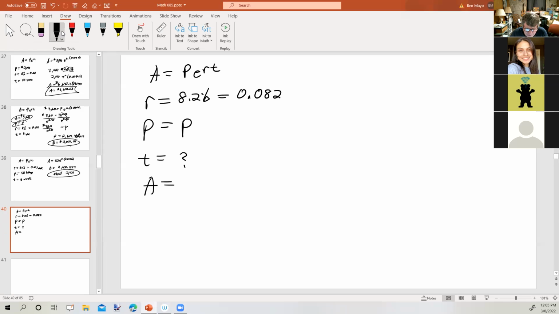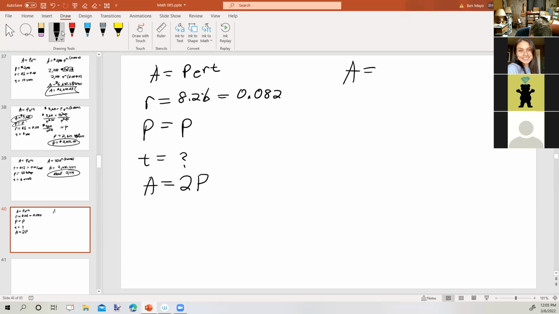We don't know the population, but they want it to double. So the ending amount, which is A, should be double the starting amount. So A would be equal to 2 times the initial population. So even though they didn't give us the beginning or the ending population, they told us it was going to double. So you okay with that so far? Well, let's find out. All right.